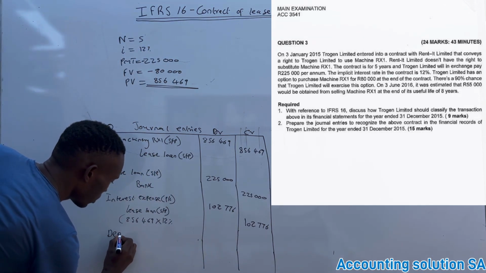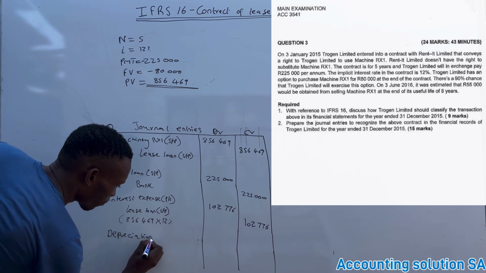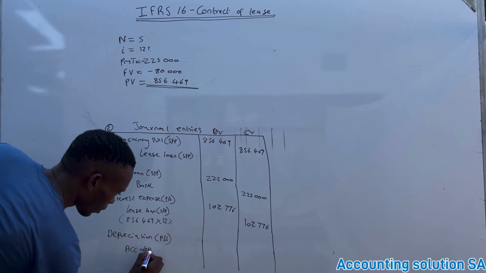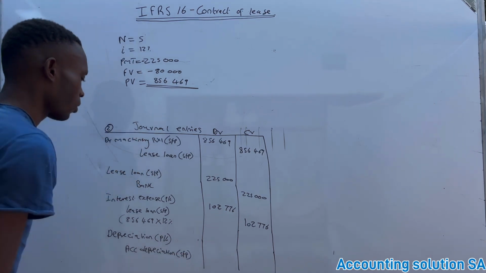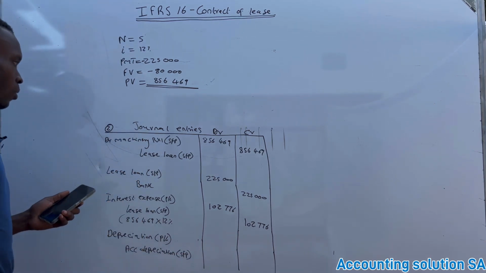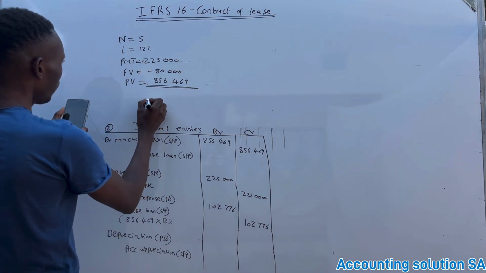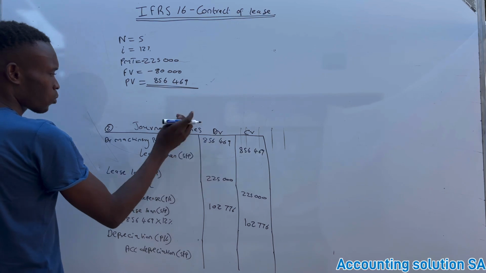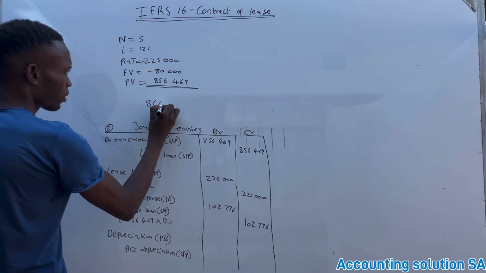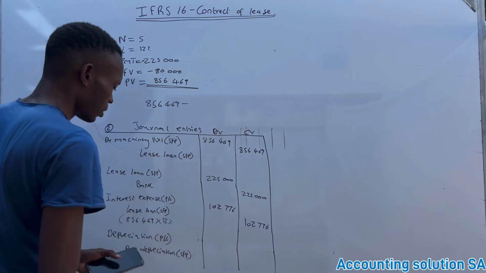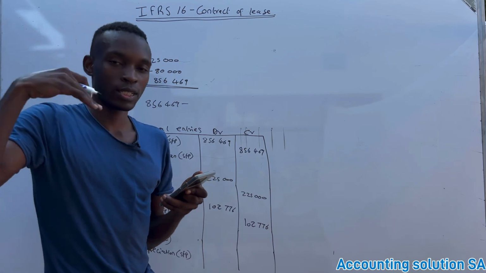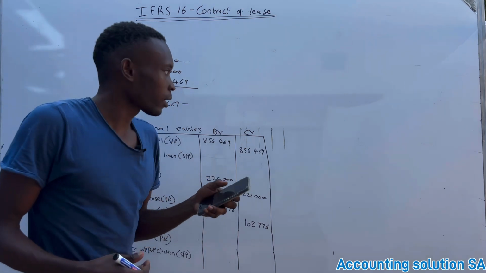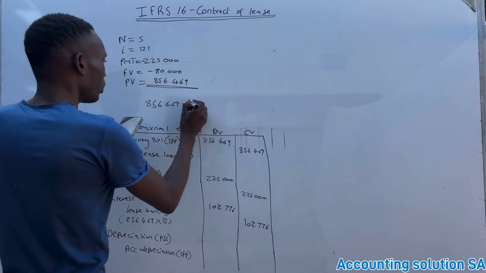Now the next step is depreciation. We're going to have depreciation and accumulated depreciation. How are we going to calculate depreciation? Our cost, which is the present value, 856,469, minus the residual value, because the chance is more than 50%, we have to account for 55,000.